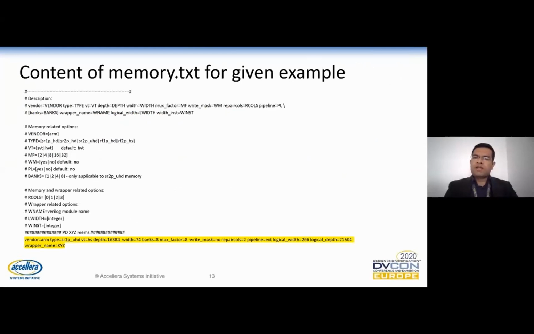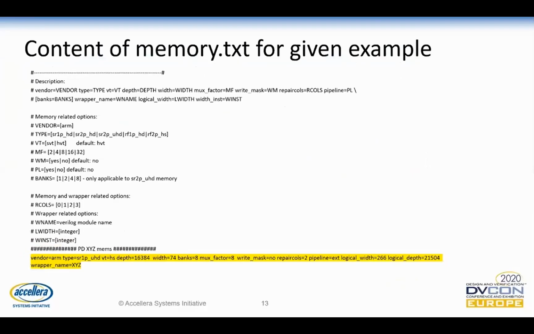So content of memory.txt file. This file mainly contains which memory cell type is to be picked to meet the logical requirement. We then specify all of the important details like the physical width, physical depth, mux factor, number of banks, etc. based on highest value of megabits per millimeter square from the pre-characterized library.